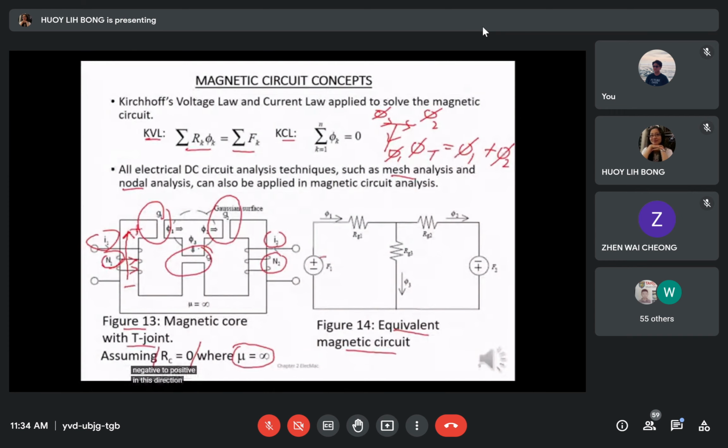Hence, we can write the MMF F1 by representing it with a source. And F2, using the right-hand rule, the flux flows down as shown, in the negative to positive direction. We can draw the equivalent source.